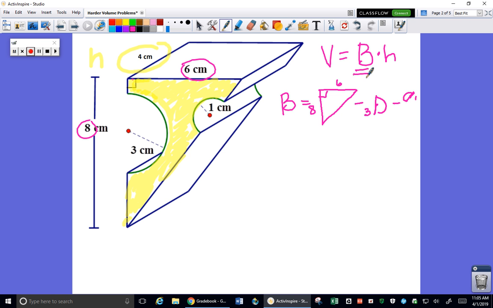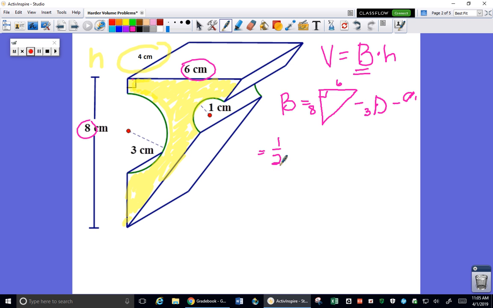Okay, this all constitutes the area of my base. I think it's easier to calculate that first and then multiply that by the height than doing a triangular prism minus half of a cylinder minus another half of a cylinder. Okay, those seem like way more complicated to me than this.